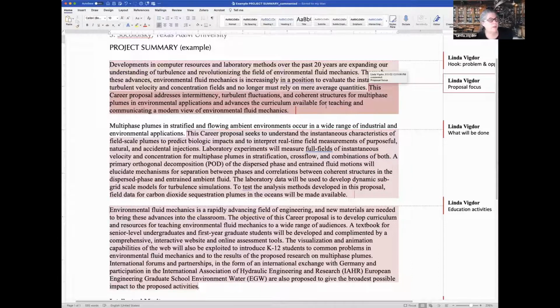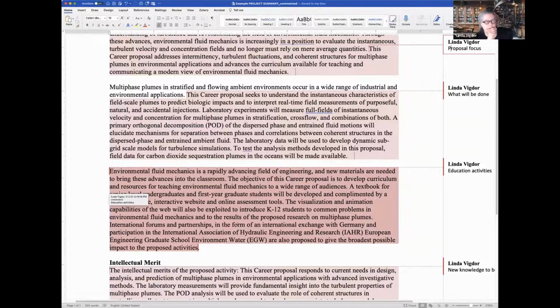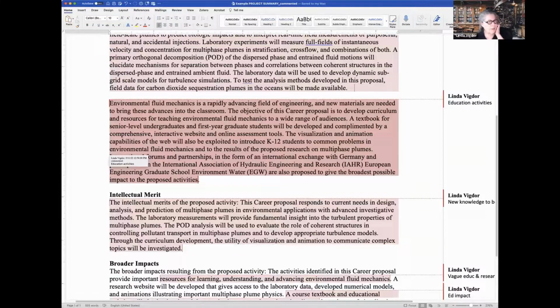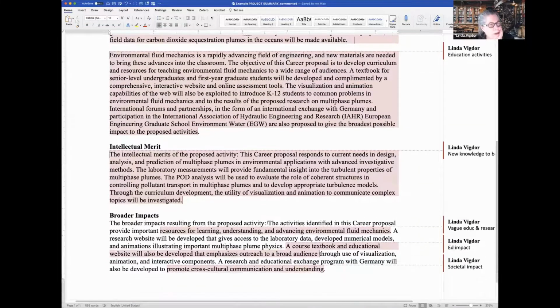And then here it does tell us what is going to be done. And then here it's a career proposal, so it is laying out what the educational activities are. And we don't talk about the details of what they are.